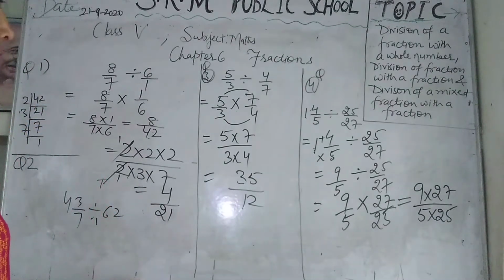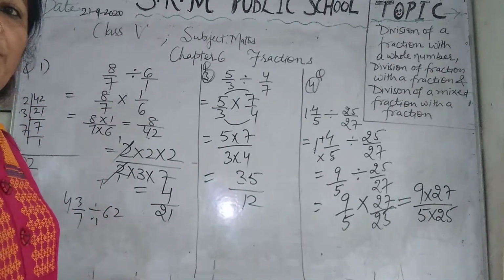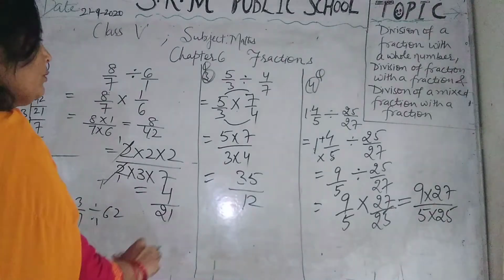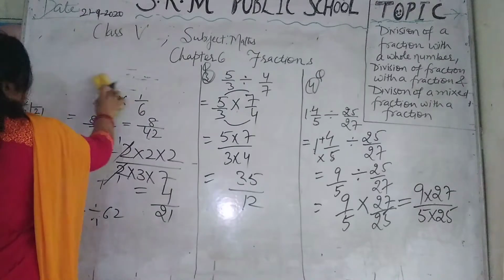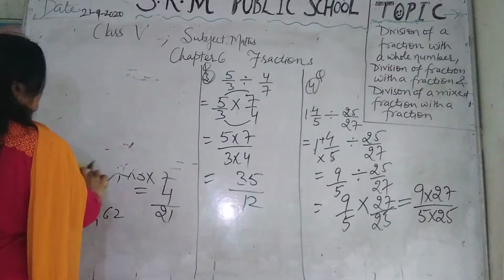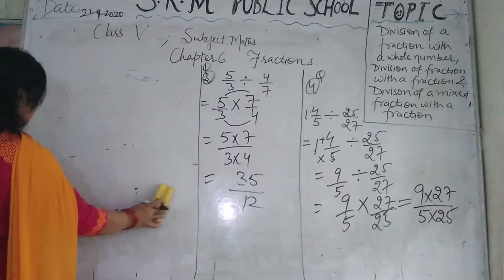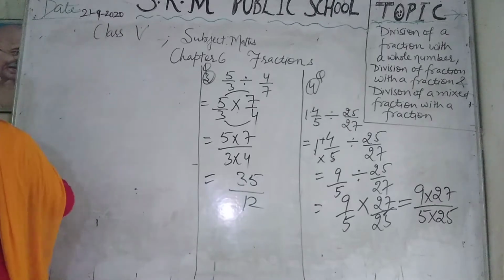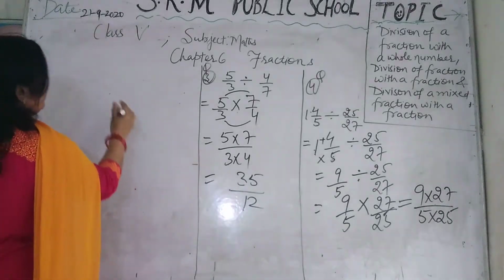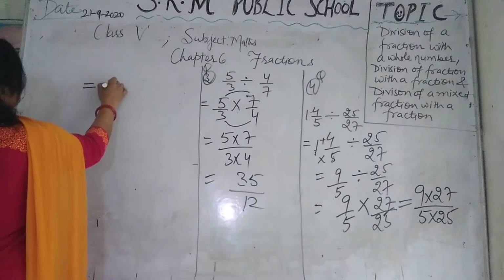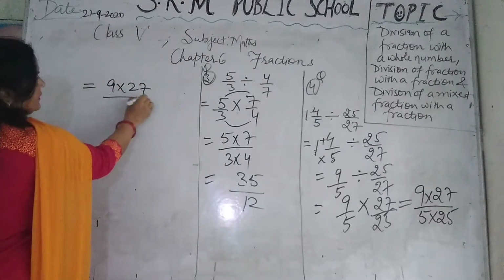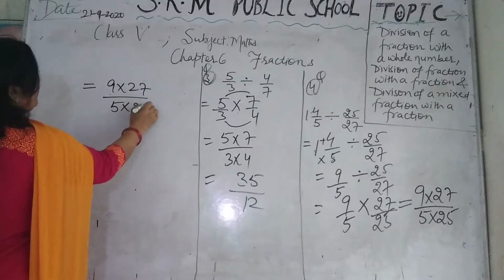You can note down carefully. Now I am going to multiply numerator with numerator, 9 into 27. Have you got the product? I can write here, 9 into 27 divided by 5 into 25.